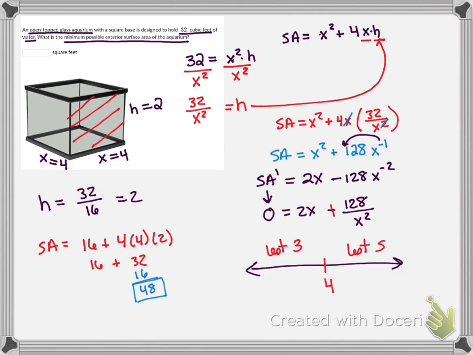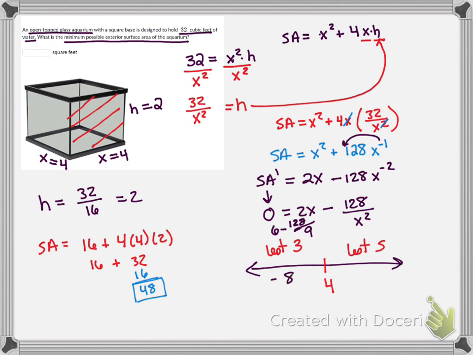Now we need to make sure that this 4 is actually a minimum. I don't know exactly what this derivative looks like, so this time I'm going to have to test. I'm going to test 3. Just keep in mind this was a negative before I moved it to the other side. So when I test 3, I get 6 minus 128 over 3 squared, or 9.